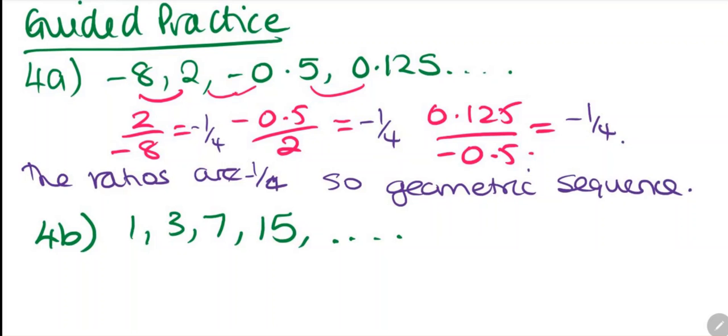So let's have a look at the second one. So the terms, so we have 3 divided by 1, 7 divided by 3, and 15 divided by 7.